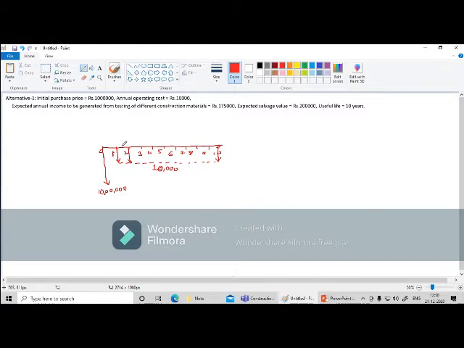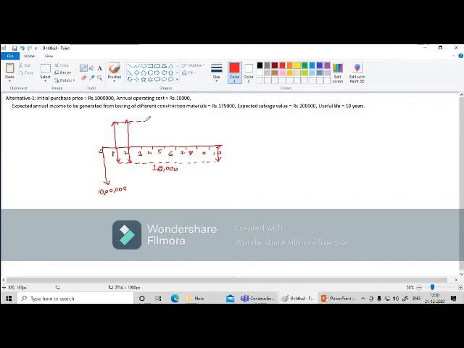Similarly, the expected annual income: every year an annual income is there. How much is it? 1,75,000. So is it an inflow or outflow? Cash inflow, because it is an income. See here, for 10,000 I have shown a smaller arrow, but for 1,75,000 I am showing a bigger arrow.